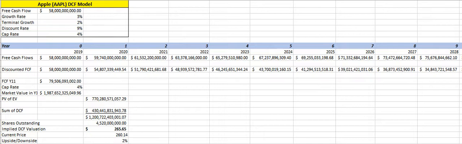You see under that 58 billion that this is the average of the last 3 years that Apple has generated in free cash flow. The growth rate is 3%. Now, 3% is the level historically of the consumer price index, which is a general level of where market values are over a given period.